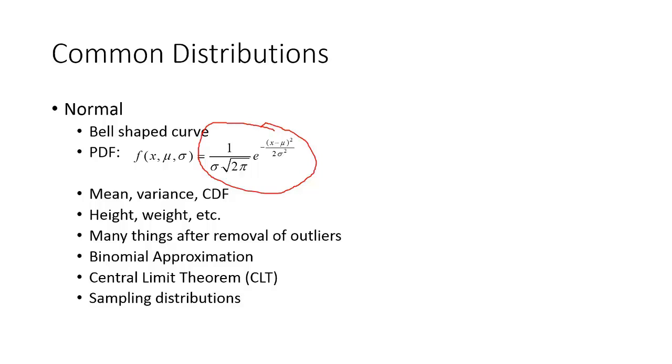So what is the mean of a particular normal distribution defined by a mu and sigma? Well, that's very straightforward. It is the mu, because the distribution is defined by mu, and the variance is nothing but your sigma square, right? So it's quite straightforward there as well.